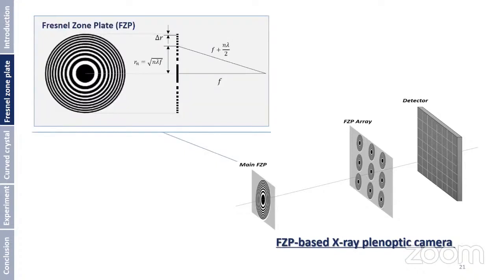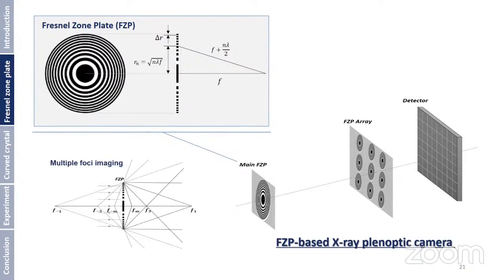The Fresnel zone plate focusing X-rays relies on diffraction, and its alternating transparent and opaque zones select the rays with a specific optical path difference to produce constructive interference at the desired focus. The diffractive optics Fresnel zone plate has multiple foci and forms multi-order images. But usually, we only use the first-order image.